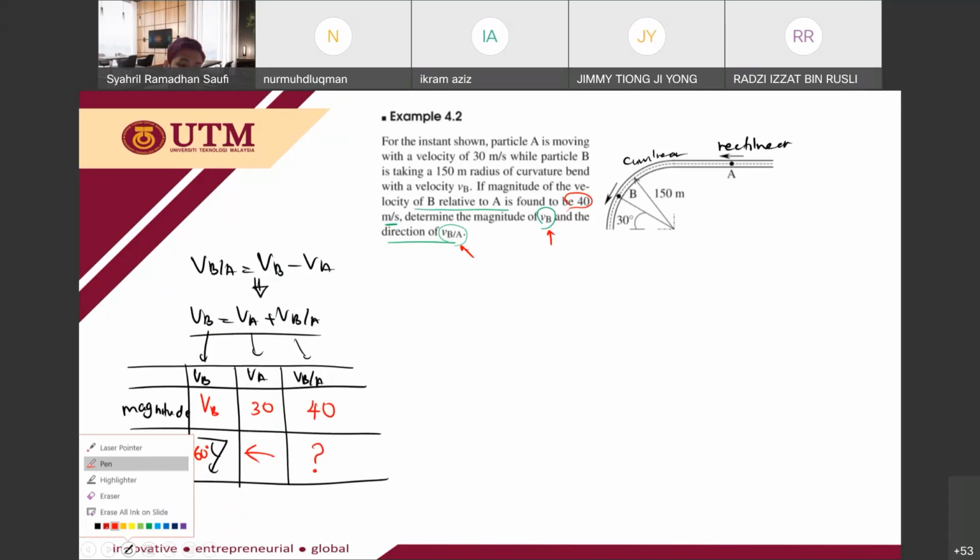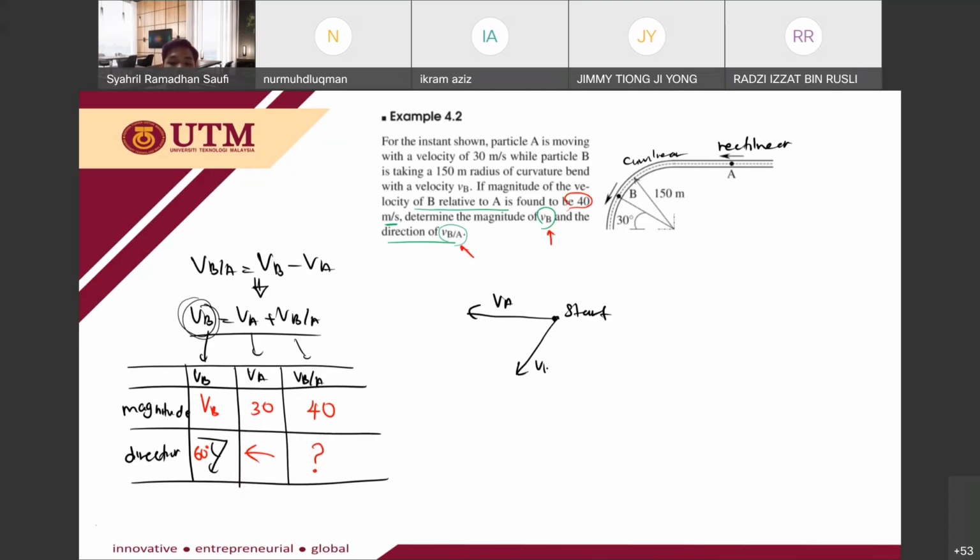Then you can draw the triangle since you have only three vectors. The start point is VA, and from the start to the end should be VB, because VA plus VB through A is equal to VB. So from VA, move to VB through A, and from the start to the end is your VB.